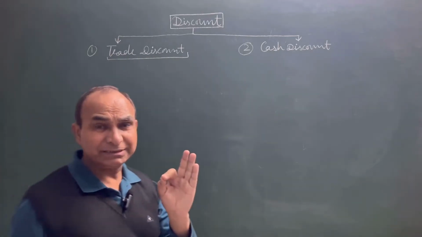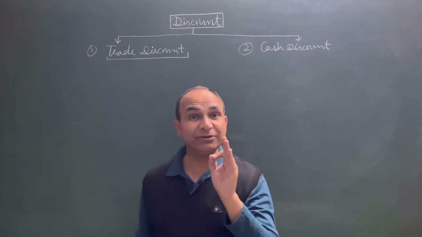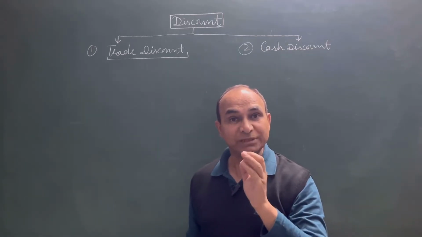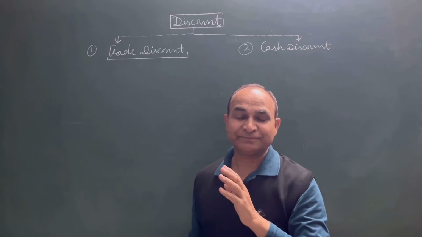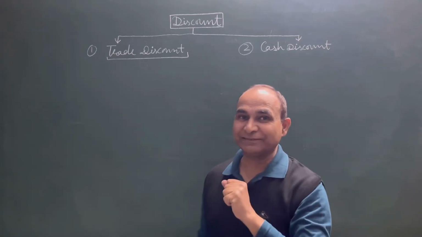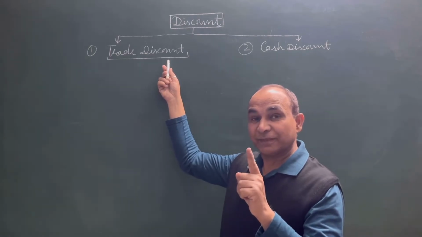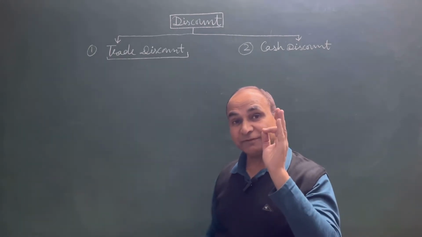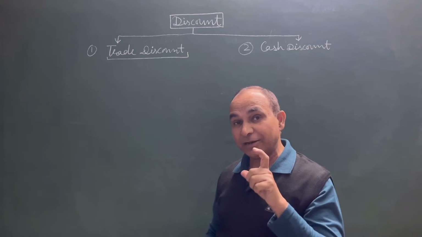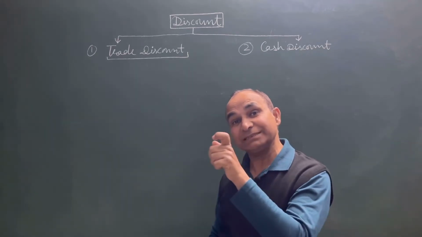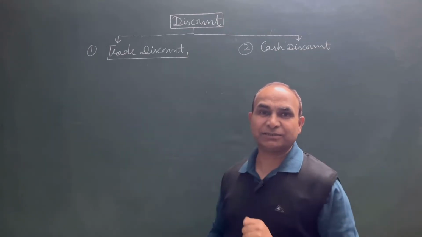Trade simply means purchase and sale of goods with the purpose of earning profit. That is trade. It means a discount allowed at the time of purchase and sale of goods. That is a trade discount.